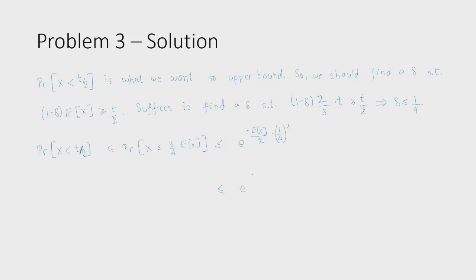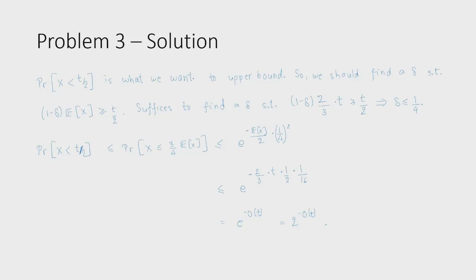So we get e to the minus, what's the lower bound, 2 over 3 times t times 1 over 2 times 1 over 16, which is like e to the minus order t, which is like 2 to the minus order t. So using this expression, you can also find out how large a t you want. Suppose you want an inverse exponential error, then t equals n is just fine.